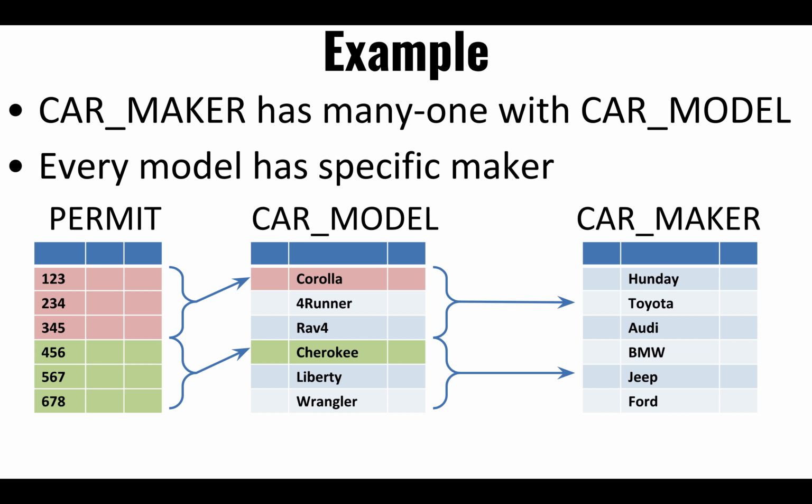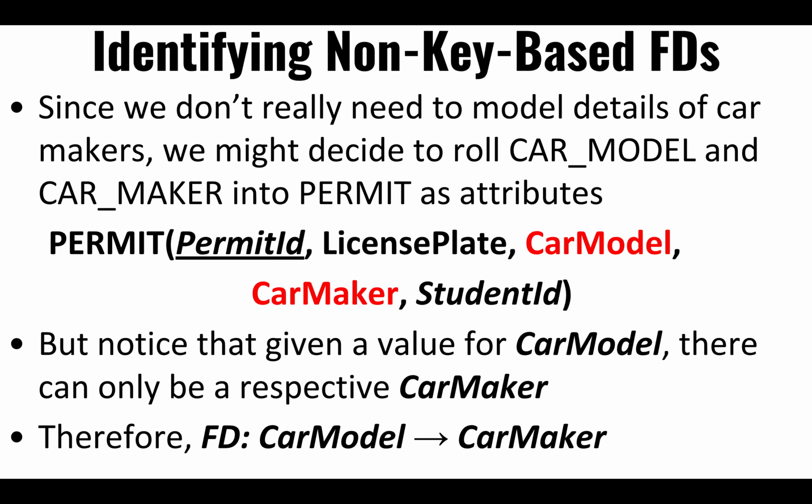We might have instead taken the following shortcut, which might have been a sensible choice. Instead of having all these 3 different tables, we would have captured everything in a single table, the permit table. We would have captured the car model, the car maker, the student ID, the license plate, everything in a single table.